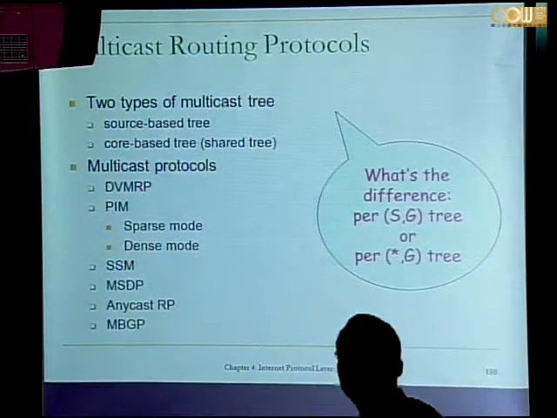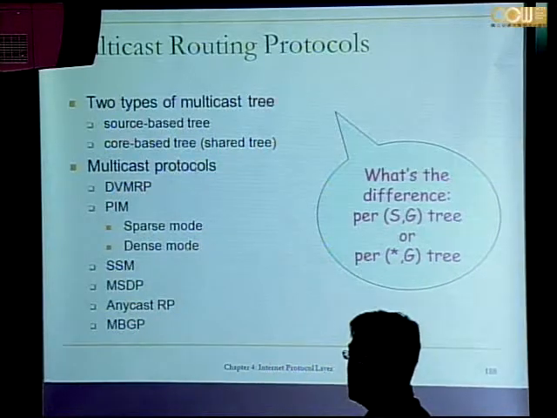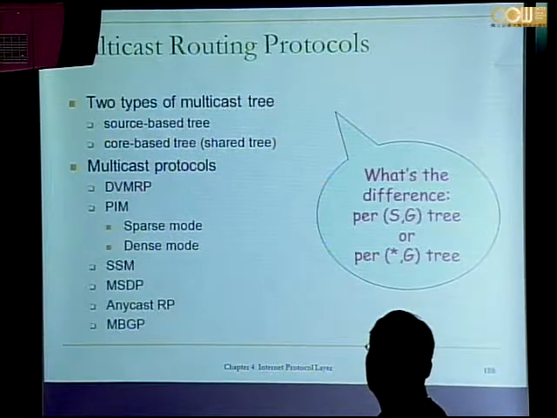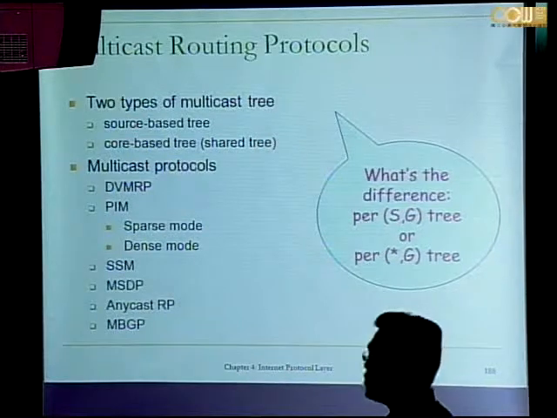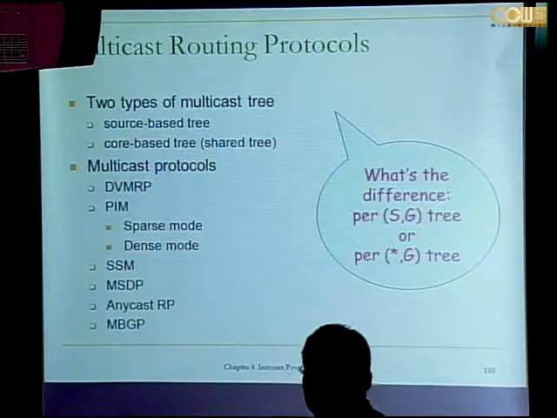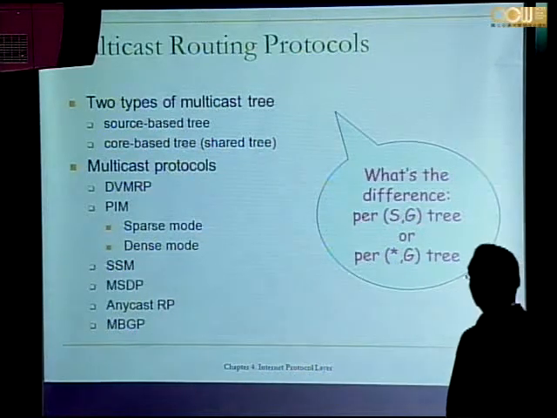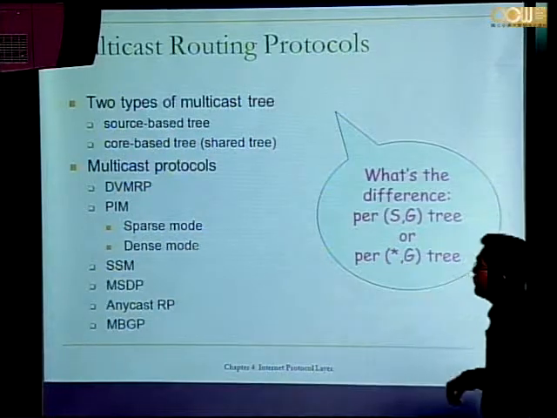Then for source-based tree, I would have 1,000 trees. However, for core-based tree, I would have just 100 trees because I have only 100 groups. So one is per source per group tree, and this will be per group tree.